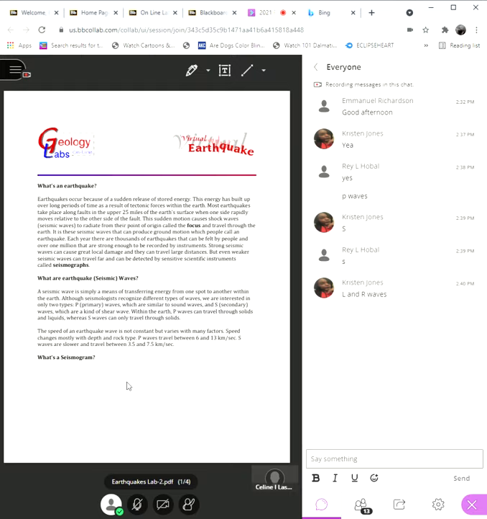This sudden motion causes shock waves, seismic waves, to radiate from their point of origin, called the focus, and travel through the earth. It is these seismic waves that can produce ground motion, which people call an earthquake. Each year, there are thousands of earthquakes that can be felt by people, and over 1 million that are strong enough to be recorded by instruments.